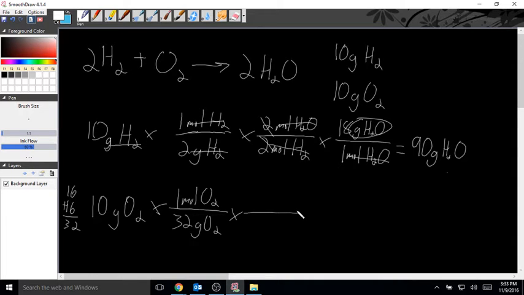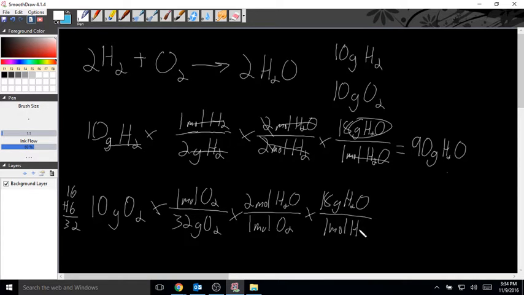So up here, moles of H2O from the equation goes on top, so that's 2 moles, and that's over the moles of oxygen, which looks like 1. And this step I'm going to pull right from that last one, the molar mass of water, 18 over 1 mole.